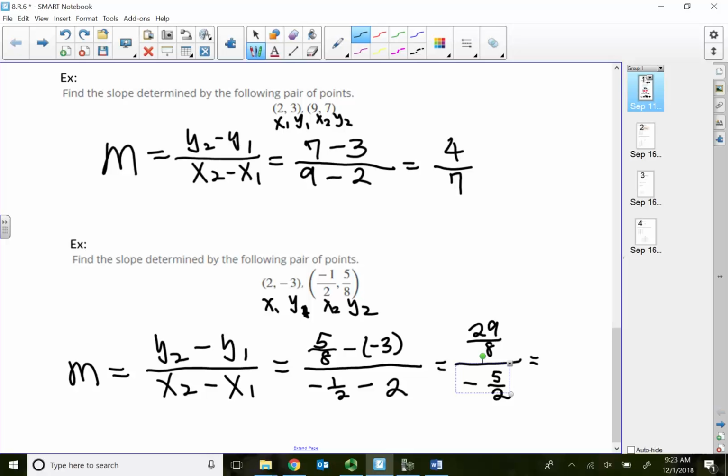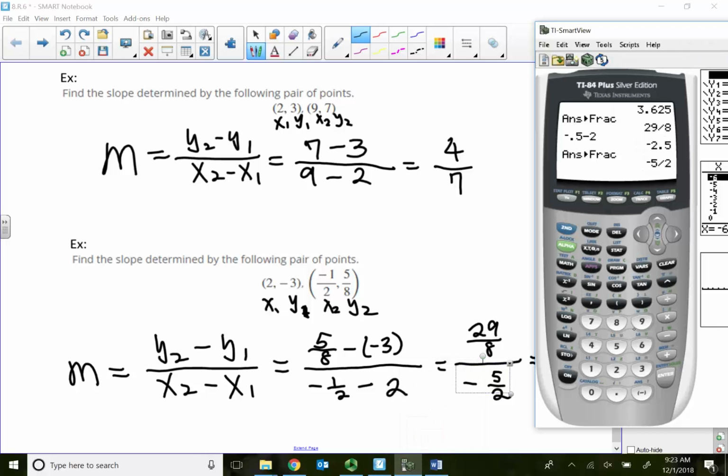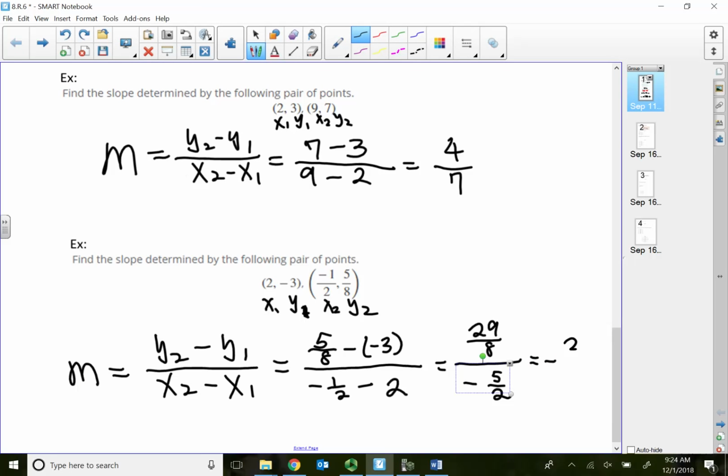So let's divide these two real quick. Parenthesis 29 over 8 divided by negative 5 over 2. Let's put both fractions in parentheses. All right, so that will be negative 29 over 20.